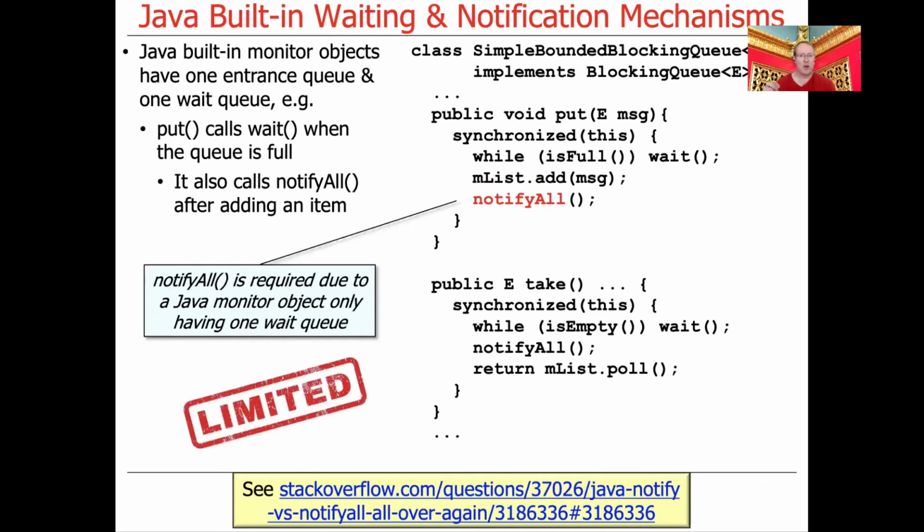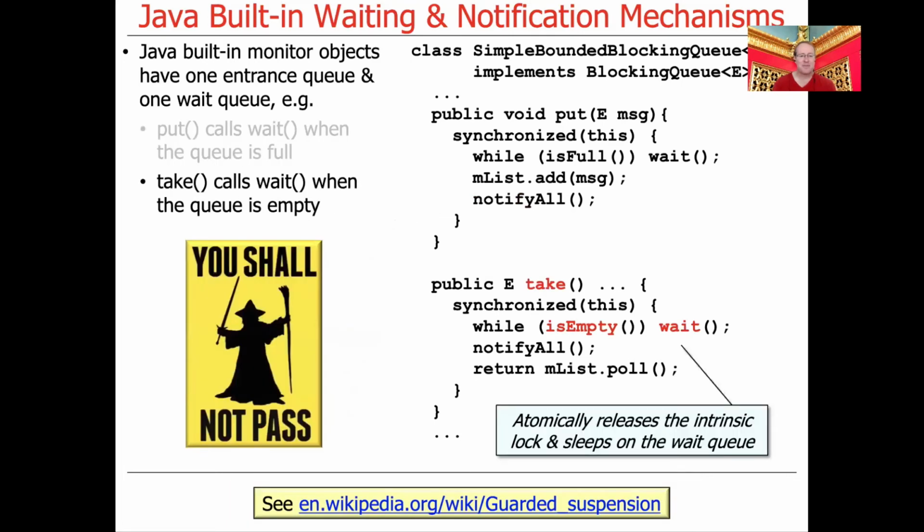And this is just due to those weird quirks that came in the original Java synchronizer mechanisms that were there from Java 1 onwards. If you want to read more about all this stuff and why you have to do it this way, take a look at this Stack Overflow discussion, which is really quite enlightening.